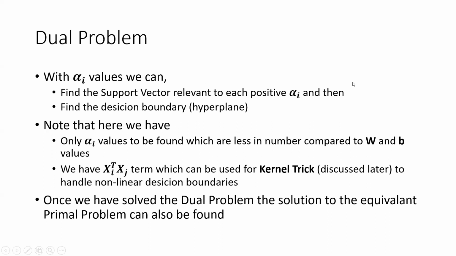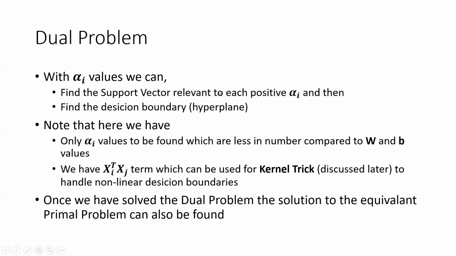Once you find the support vectors, we can find the decision boundary, right? So in support vector machines, we say that when we are deciding our hyperplane or the decision boundary, we are only concerned about the support vectors, right? So if we can find the support vectors, then we can find the hyperplane, right?